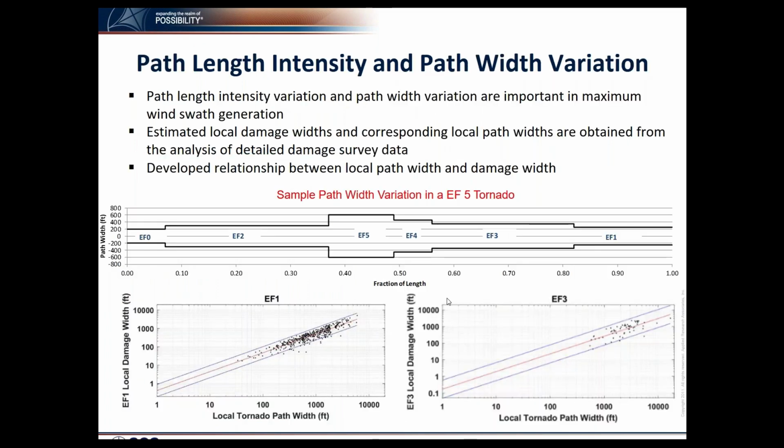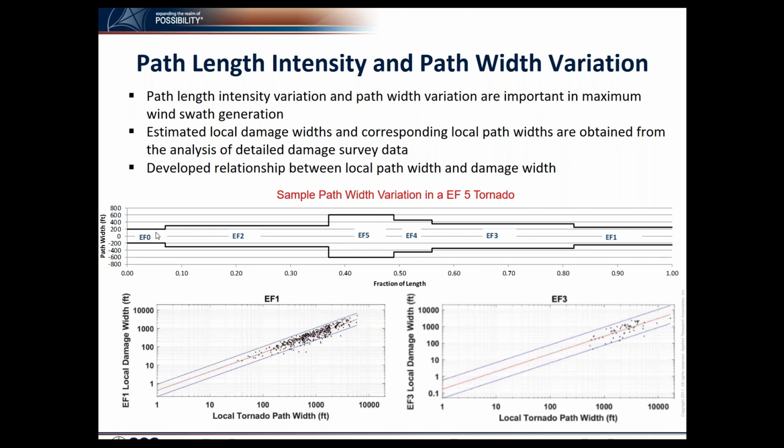We consider intensity variation and path width variation along a tornado track. This is carried out using a sample tornado catalog, which gives the length fraction of the intensities and associated path fraction with respect to maximum path width. The tornado catalogs are based on detailed damage survey data, as Mark mentioned in his presentation.